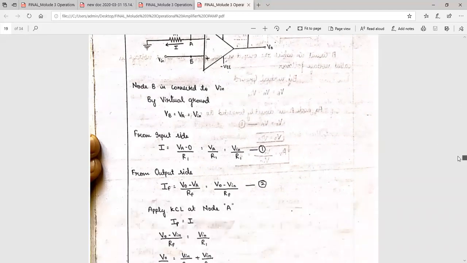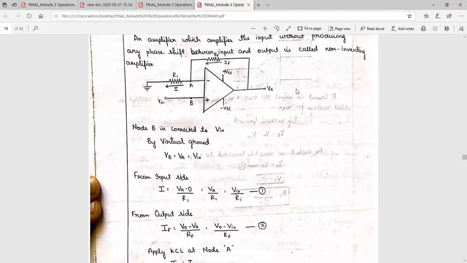Now moving further, the current IF is moving from V0 to VA. So the equation for this current IF is V0 minus VA by RF, that is your feedback resistance.